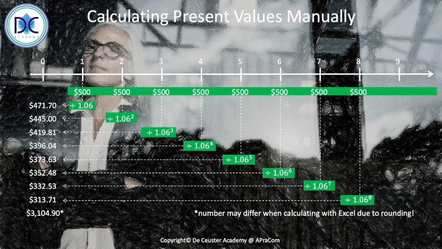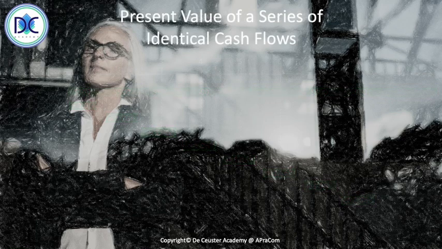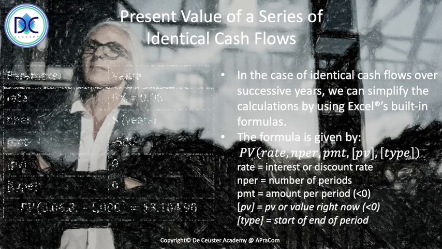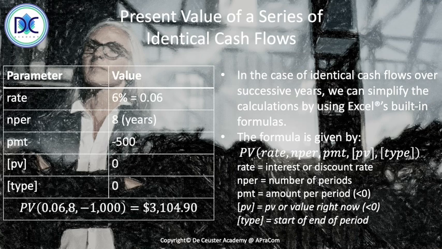So when we have the identical cash flow, we can use the Excel built-in formula, and the formula says the present value, we have the rate, the number of periods, the amount per period, and here we said we have those 12 periods. The number of periods is 12 over the year, so we have to divide the discount rate by 12.